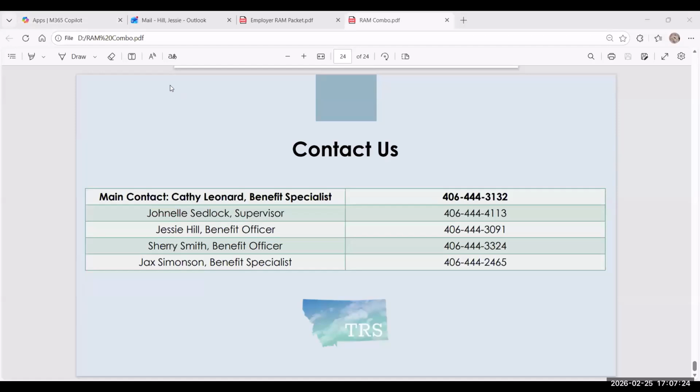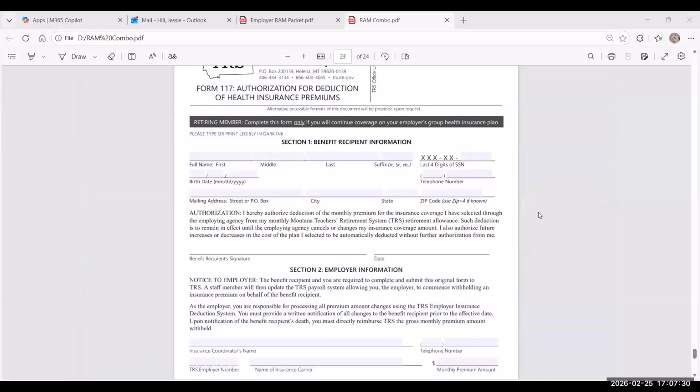Thanks, Jesse. One quick thing on that Form 117, the insurance form. Any questions that members have regarding insurance being withheld are not directed to TRS, since it's strictly for convenience purposes. Any questions regarding, do they qualify? Are they eligible?